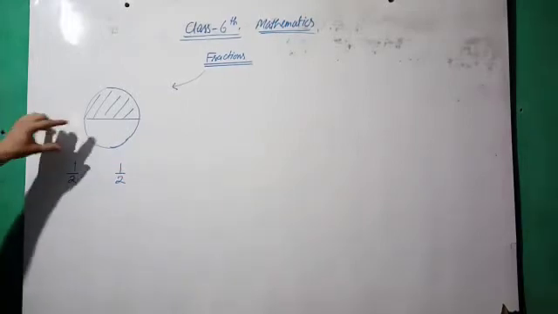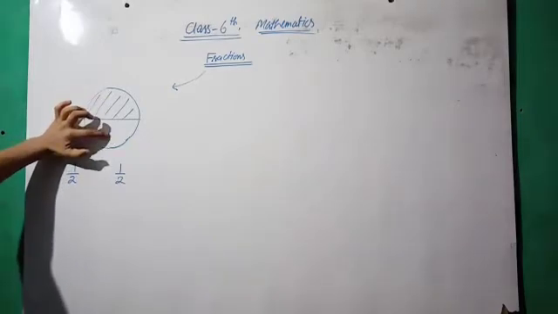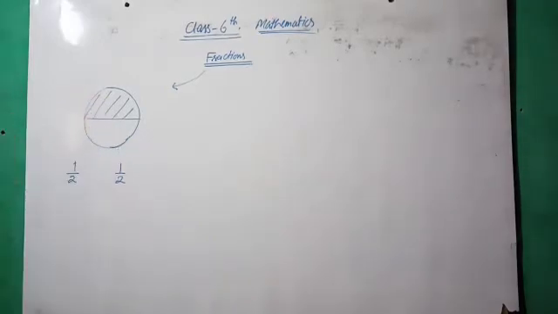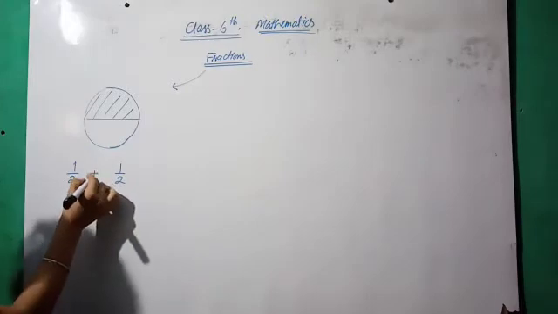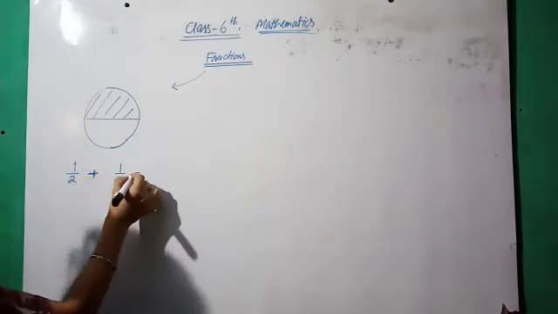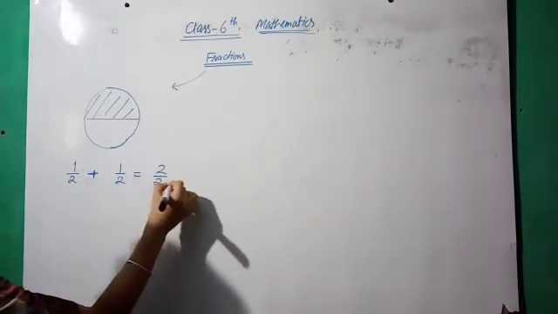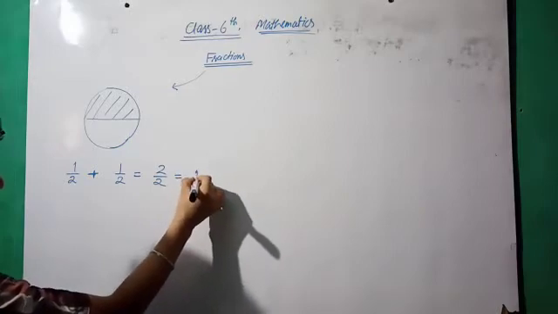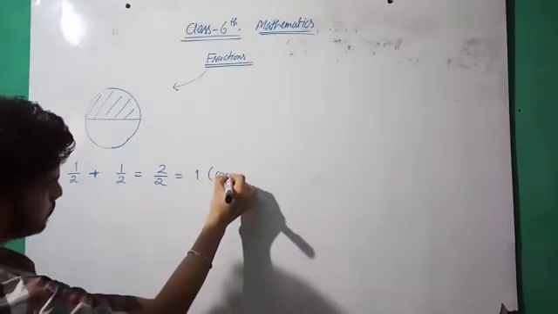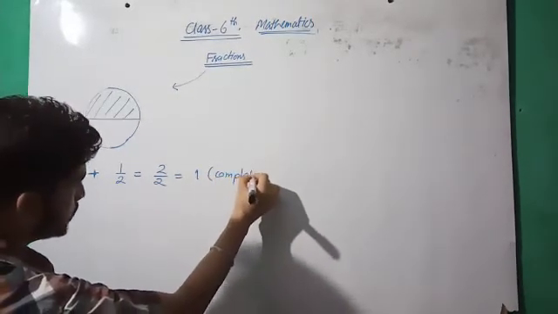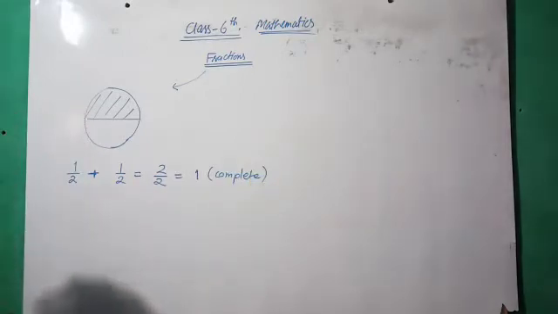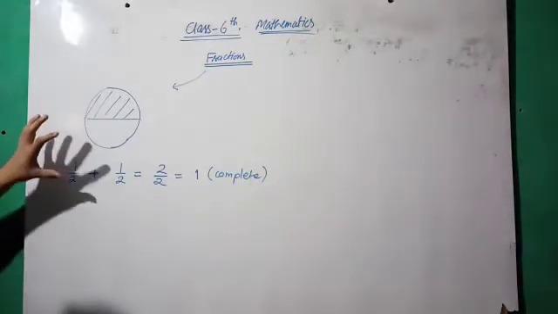Okay, one of the two and one of the two. If we add both parts, we get 2 by 2, which is 1, a complete figure. 1 always indicates the completeness of anything in a fraction.